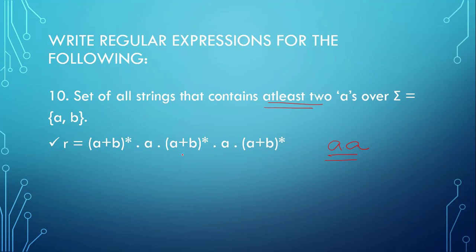So here we just need to add (a+b)* in between the two a's that will occur in our input, so that it will take care of the multiple a's and b's that should appear between the two a's in our input string. So the minimum valid strings will be aa, aba, baba and so on. As you can see, the two a's can appear anywhere in the string.